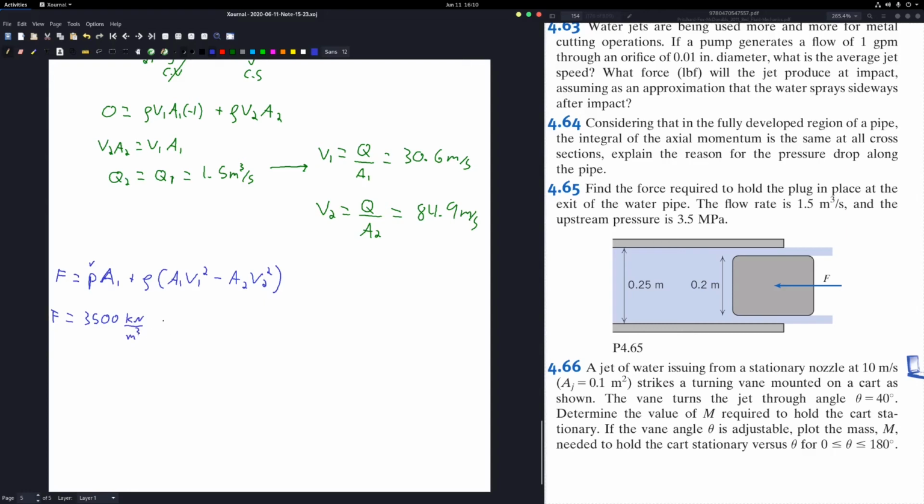What we get here is the final expression, which will be F is equal to 3,500 kilonewtons per meter squared times the area A1, which is 0.0491 meters squared, plus the density of water, which is 1,000, times the area 1 times V1 squared minus area 2 times V2 squared.